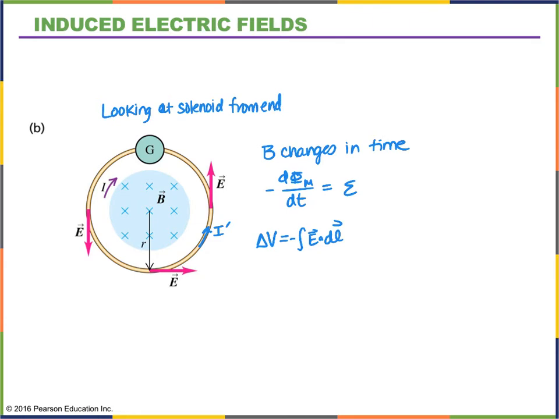Like if you go through an electric field in a particular distance, if you integrate across that, you're going to find a potential difference. Well, in this case, we're going the whole way around the loop to get our induced EMF. And so this then represents what we call the induced electric field.